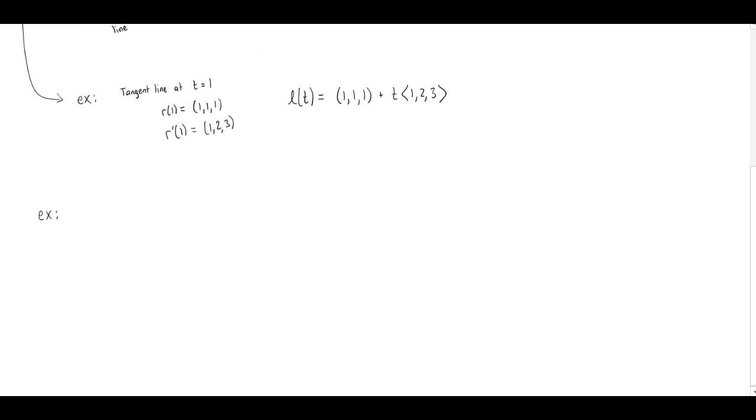Let's try and do one more example first. So, again, I'm going to write out a parameterization of some curve.